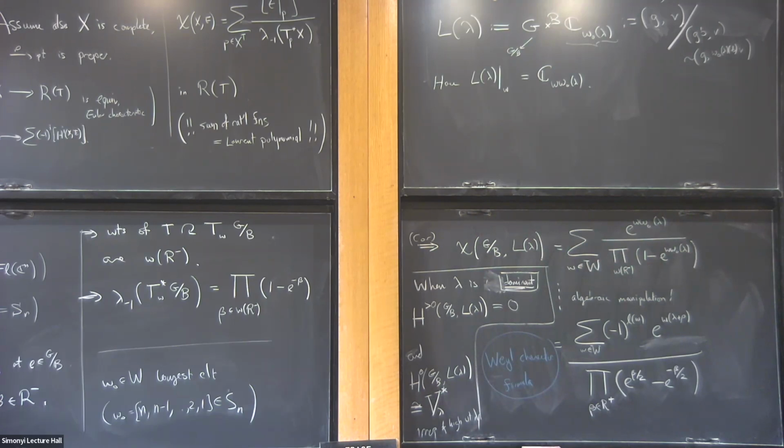So Dave, what is rho in your formula? Yeah, thanks. Rho is one half of the sum of all positive roots. Sorry, could you explain how to interpret the denominator and the top sum? This one? Yeah.